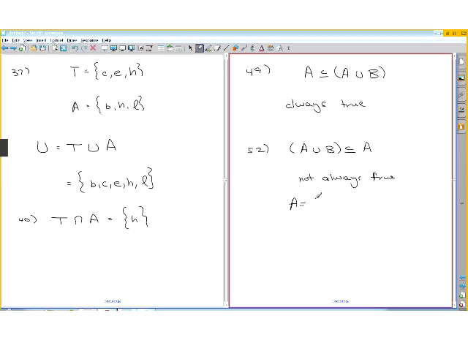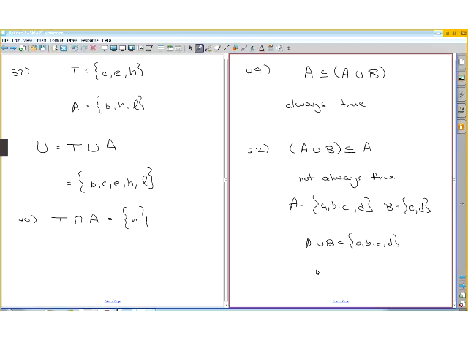So let me give you an example there. Let's say A is A, B, C, D, and B is C and D. So when you take the union of these two, the union of A and B, you just get A again.